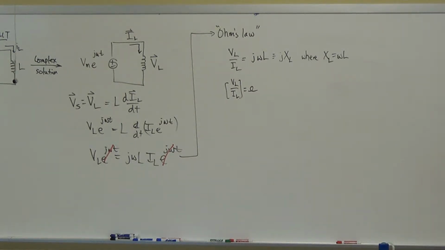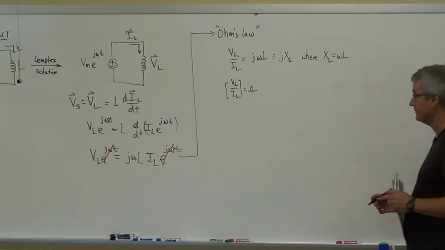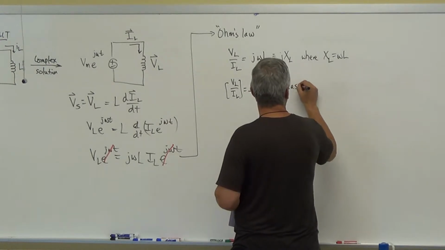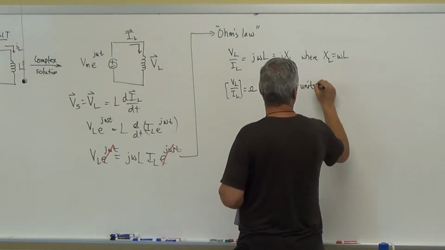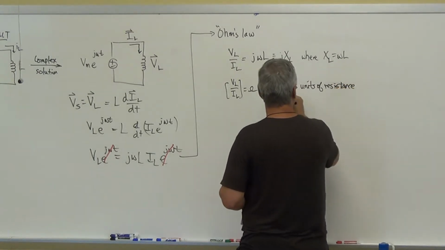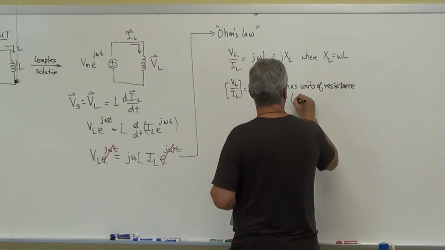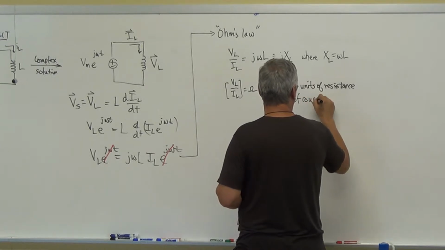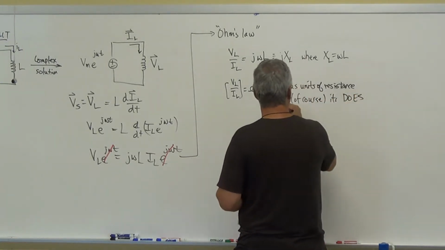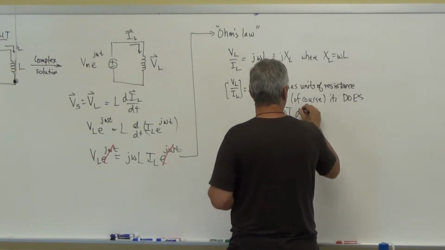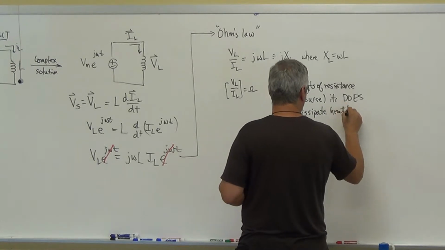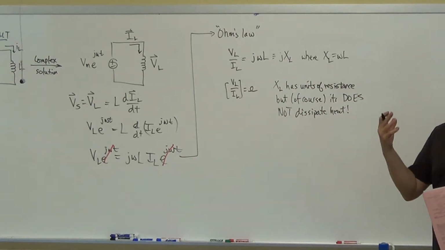So we have to be really careful here. XL has units of resistance, but of course it does not dissipate heat. It's not a heating element.